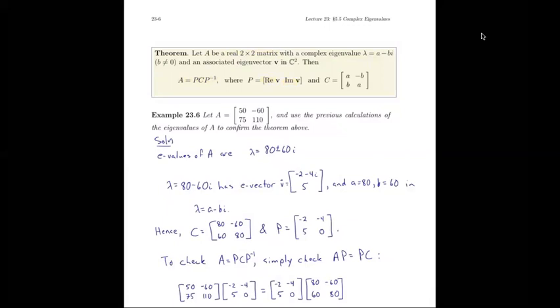And then C is not quite a diagonal matrix, but it is a rotational matrix.